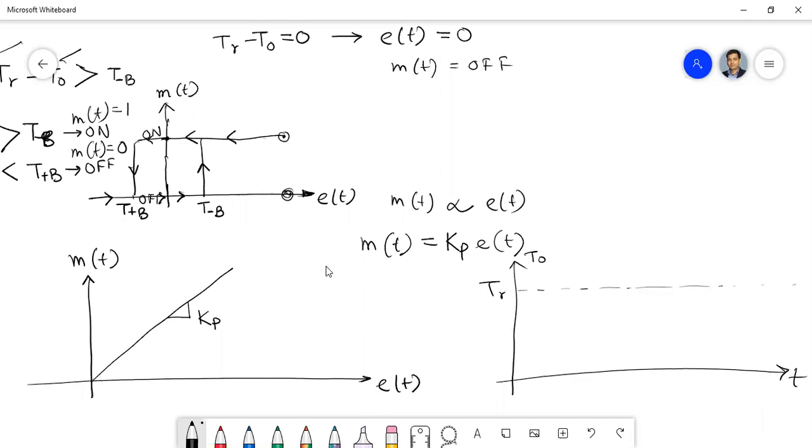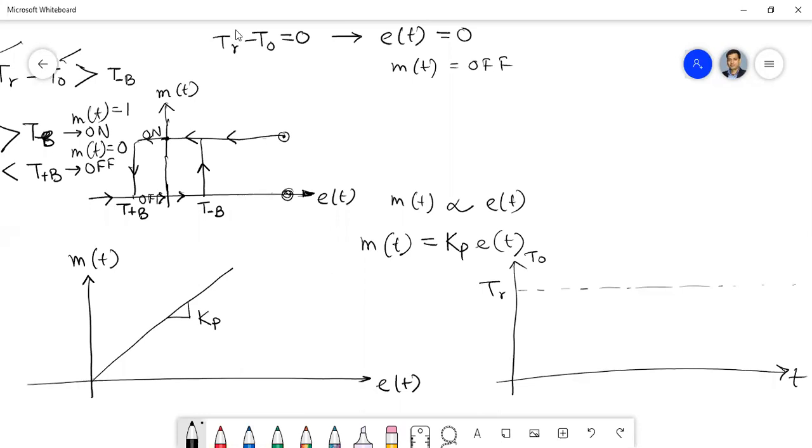And what will be the constant value? Will it have any steady state value? And what is the steady state value? The TR. So it will settle down itself at TR only.